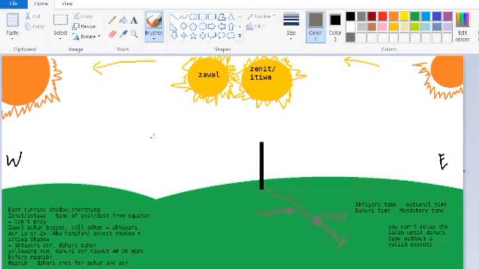Or we can see it is when the length of the shadow is double. I mean the same length, and this is the double time. So for Asar, if we put it here, it should be here. That's why this time is the holy time for Zuhur, and this time is the Ikhtiyari time for Asar.